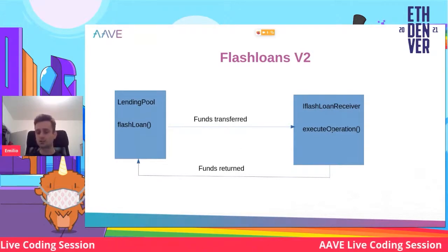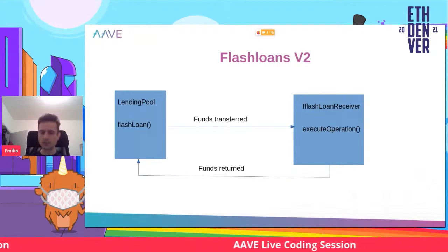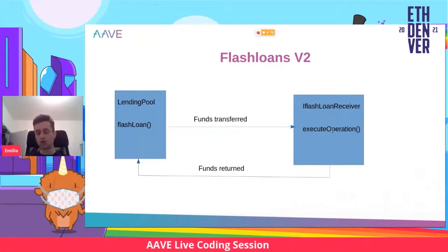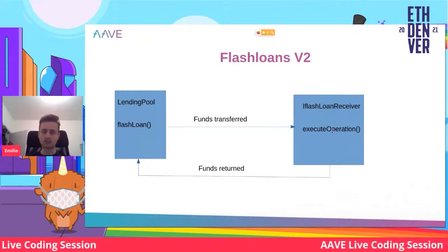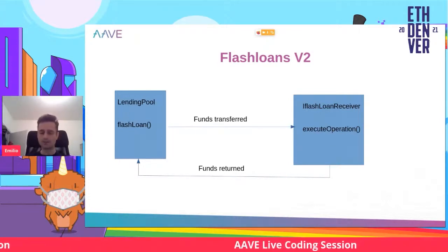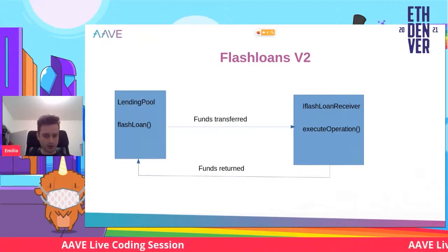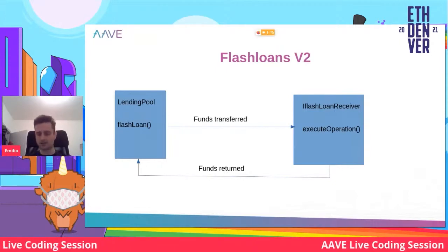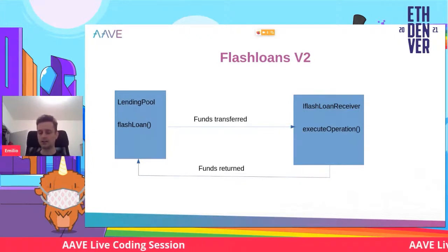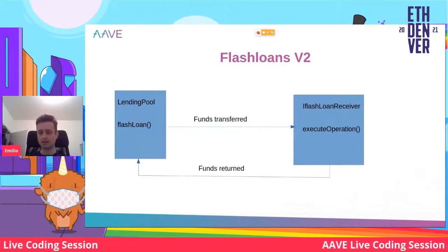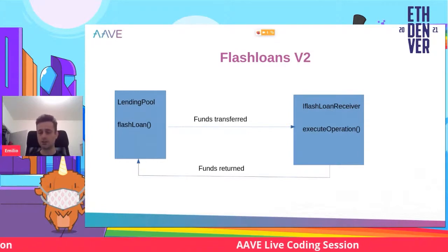Of course, the execute operation can at some point become quite complex, depending on the actual strategy it is going to execute. It can be, for example, a series of Uniswap swaps, trying to catch a slippage between different pools in Uniswap and execute an arbitrage, right?